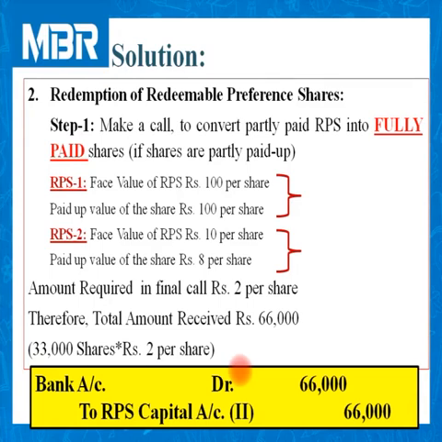But we need something to identify capital 1 and capital 2. So I have mentioned 2 over here because we have received the amount on RPS 2, face value 10 and paid up capital is rupees 8 per share. I hope all of you are clear with this calculation.